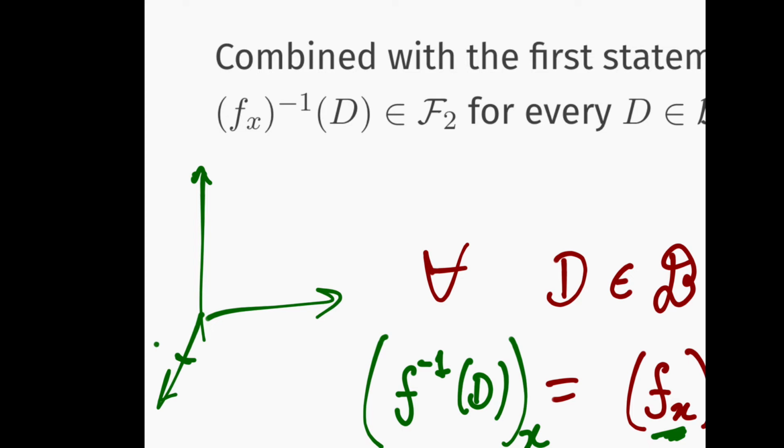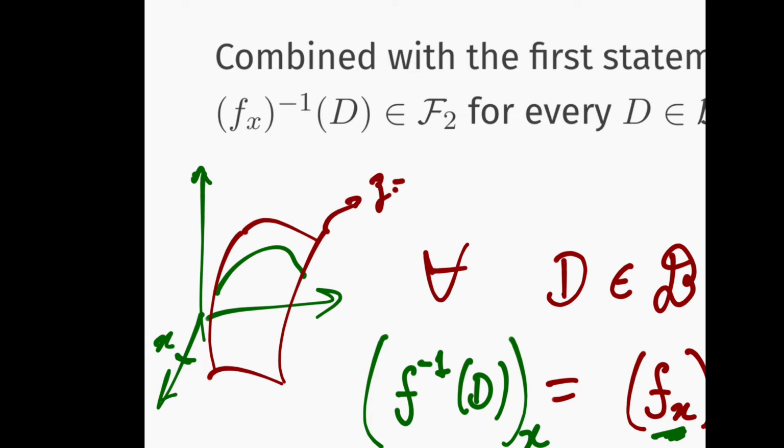We had fixed x, and then we had a function like this. This was our original function of both x and y, so z would be a function of x and y. When we fix x, what we get is the function z equals f_x of y. Here, this x is fixed.